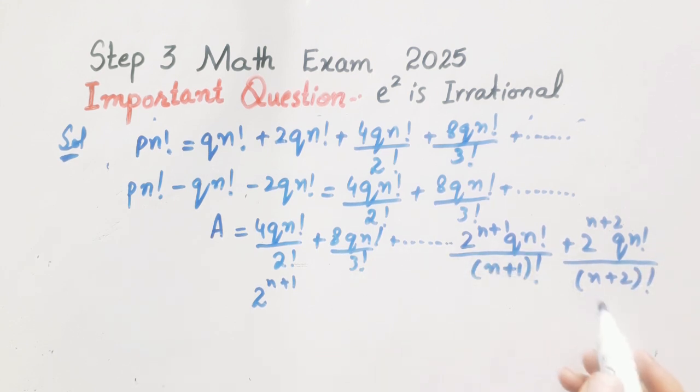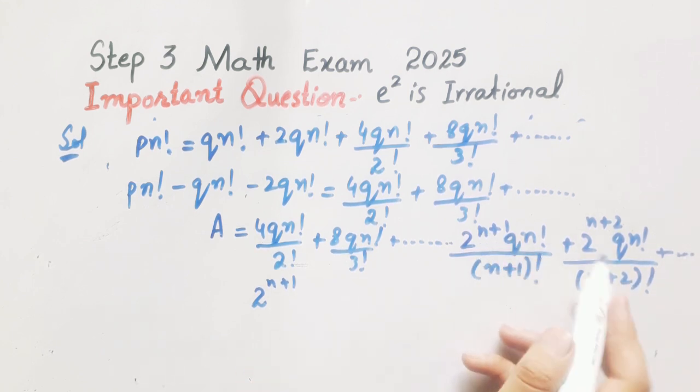This will continue and so on. So we will consider these two terms large values. Then take 2 to the n plus 1 common from these.